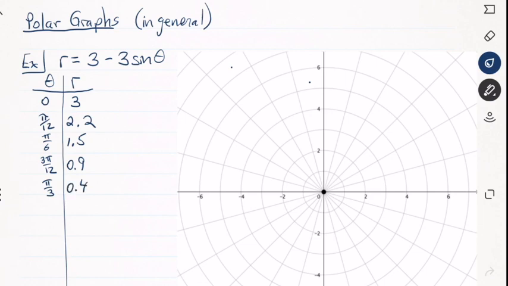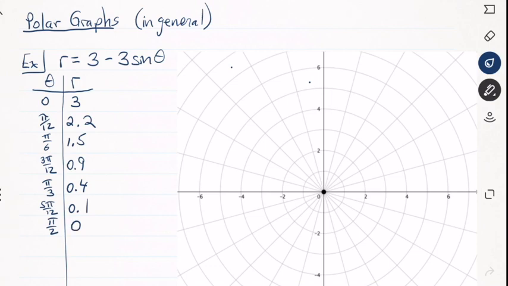And then 5 pi over 12, that's about 0.1. And then 6 pi over 12, which is the same thing as pi over 2. Sine of pi over 2 is equal to 1. You're going to get 3 minus 3, so that brings us to 0.